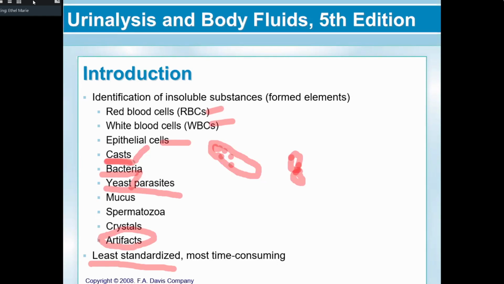And of course, it's the most time consuming, kasi after chemical examination, you have to centrifuge it, then examine, scan yung urine under the microscope. But in automated systems, madali na lang siya gawin kasi si machine na mismo yung gagawa nun. For more standardized systems, mas accurate yung nakukuha nating result at pare-pareho within the lab kasi standardized nga siya.